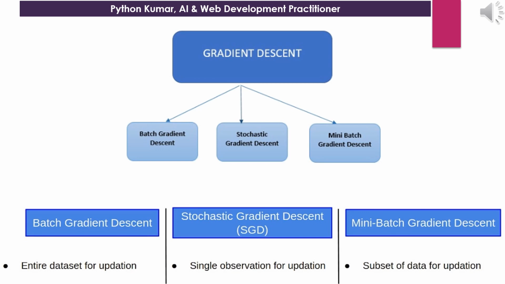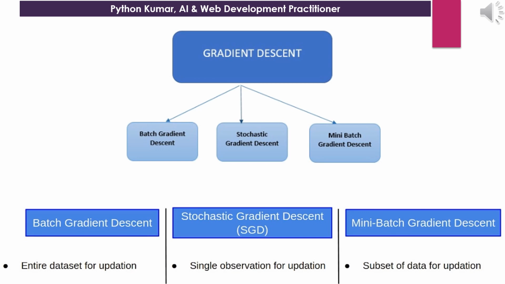And lastly, I have mini batch gradient descent. It is basically a mixture of these two, taking all the good points of both. If I have 10 examples, it will take small chunks, maybe 5 times it will take two examples each, or maybe two times it will take five examples each, to learn from the mistakes it makes.